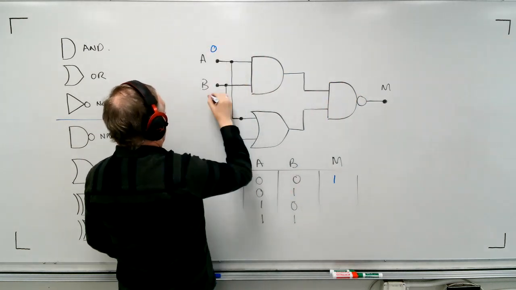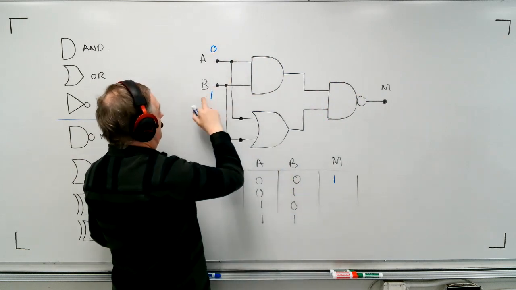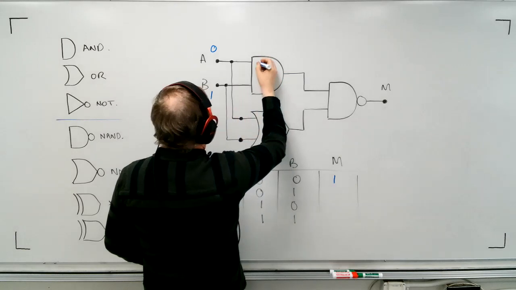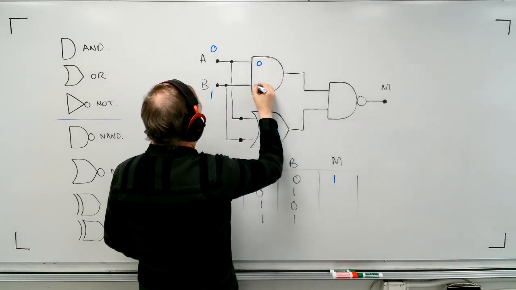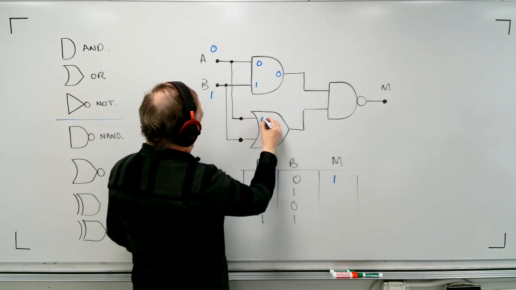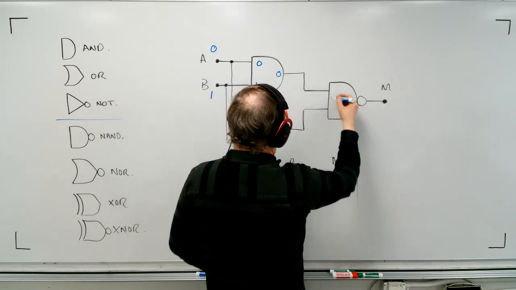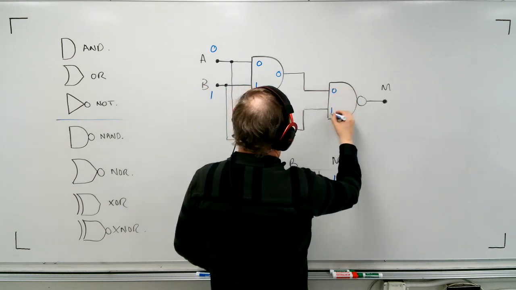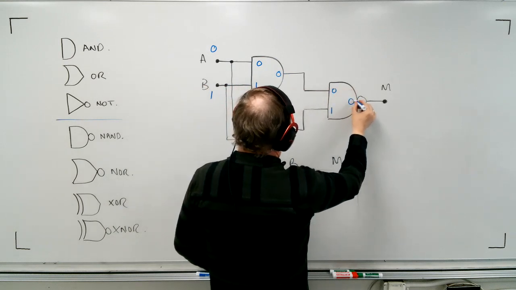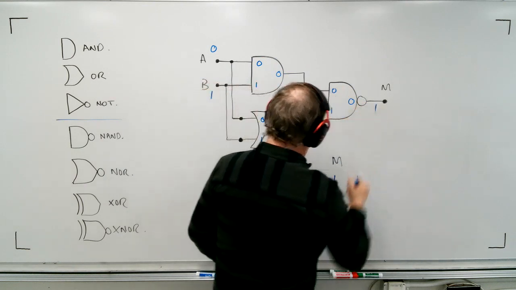So 0 and 1 coming from these, this is 0 volts, 5 volts coming on my inputs. This comes in as a 0 and a 1, which makes a 0. This comes into here as 0 and 1, which makes this a 1. Now a 0 and a 1 coming into here still gives me a 0 because this is an AND, and that means my output is still 1.